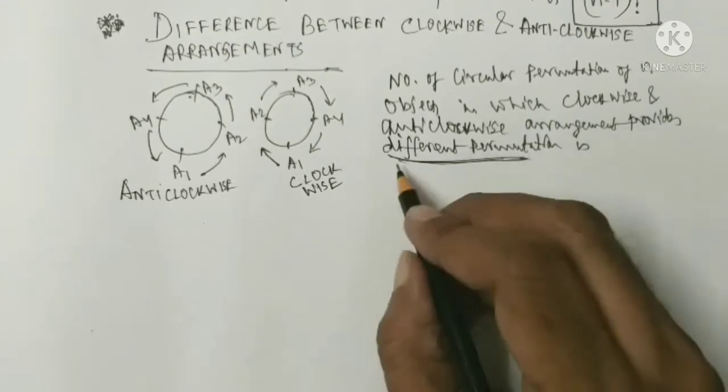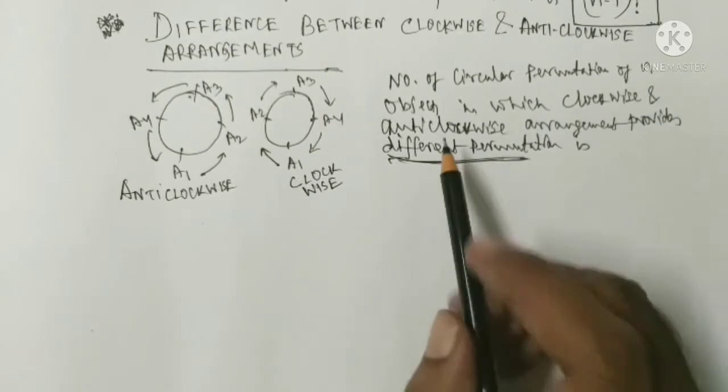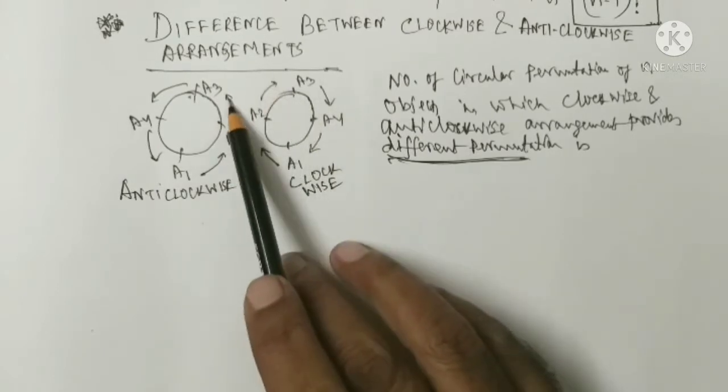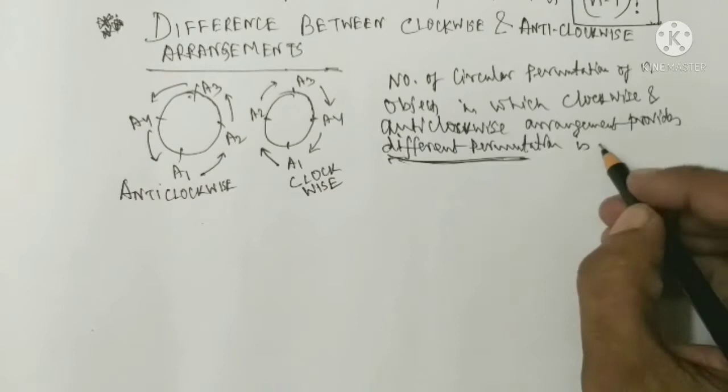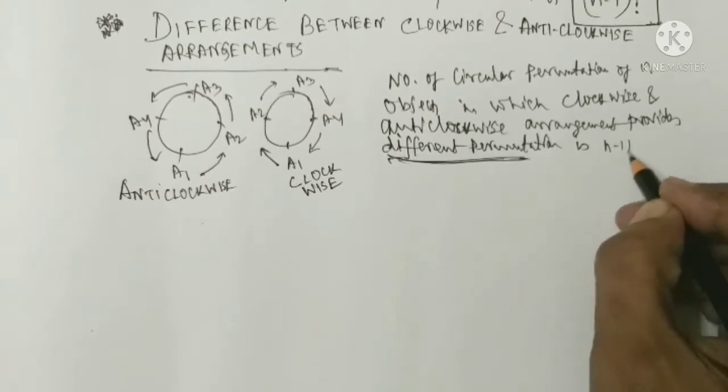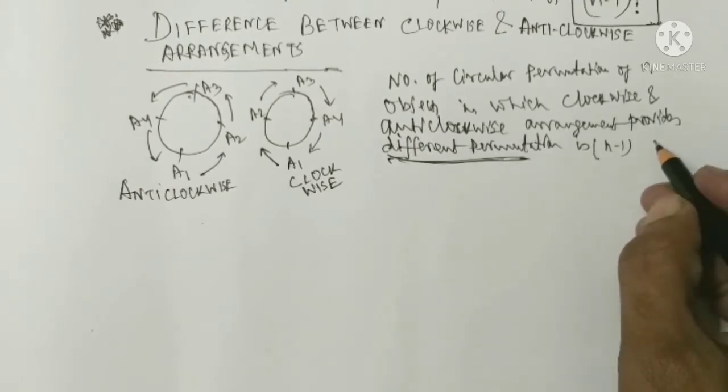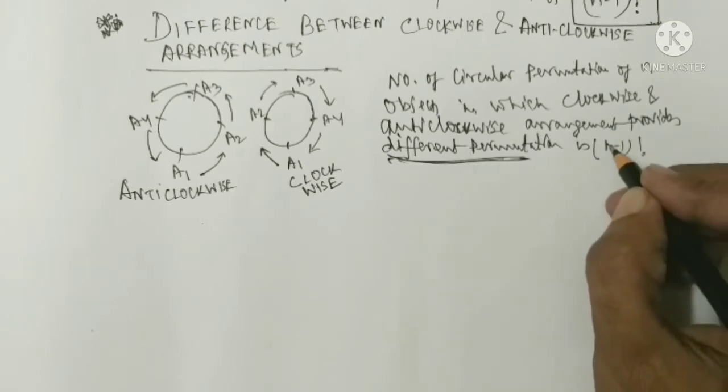Mind it, different permutation means whether we consider clockwise or anti-clockwise, then we get more permutations, that is n minus 1 factorial.